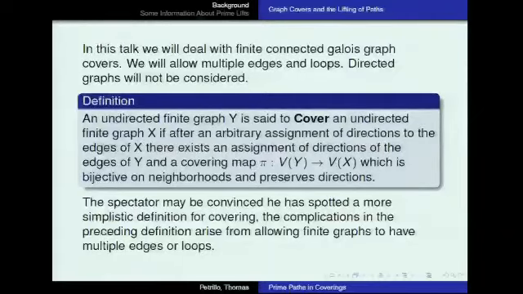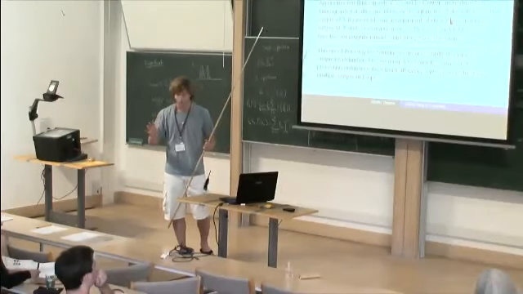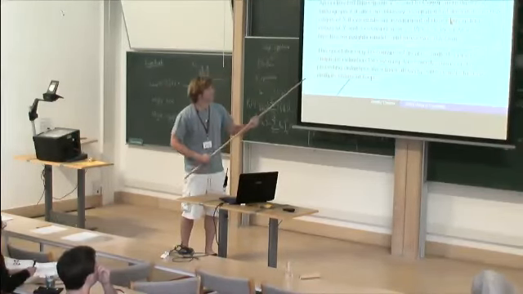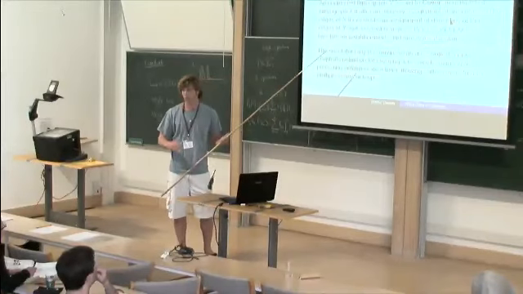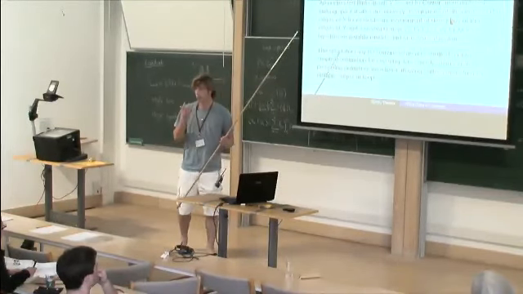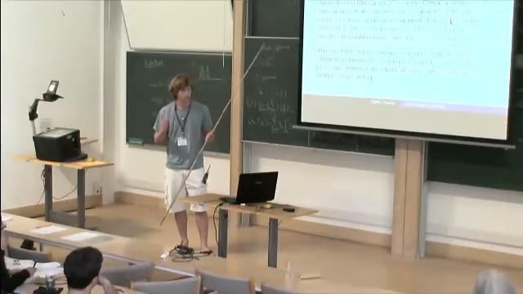You will probably think you've spotted an easier definition for covering, because I know that I have before, but after a lot of debate about this issue, the reason the definition is so complicated just comes down to having a good definition to work with loops and multiple edges. Otherwise, you could definitely form a much simpler definition for what a cover is.